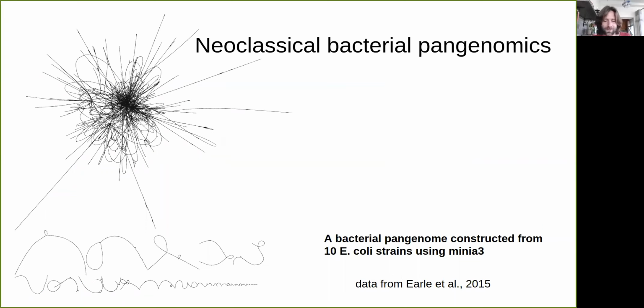another application is, hopefully this isn't offensive to anyone, neoclassical bacterial pangenomics. So that's a reference to the idea that the genesis of pangenomics is in prokaryotic genomics, where you have genomes that maybe have very little identity to each other, like 60 or 70%, but they're from the same species.